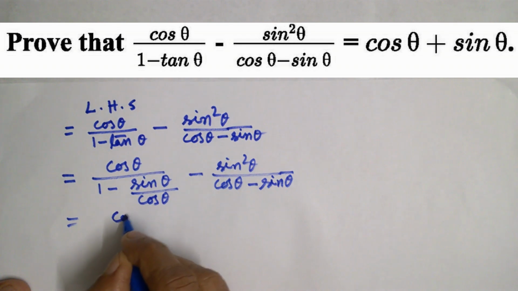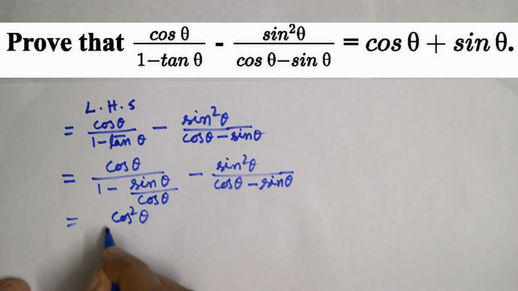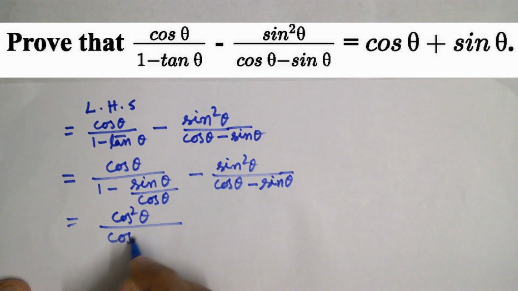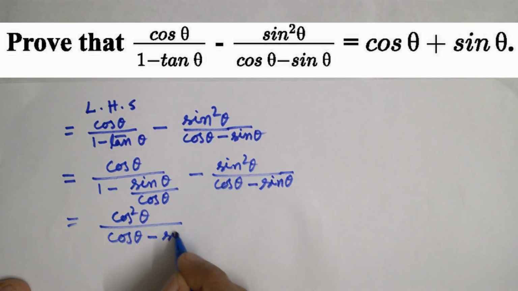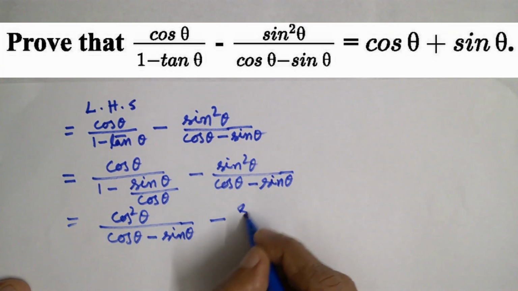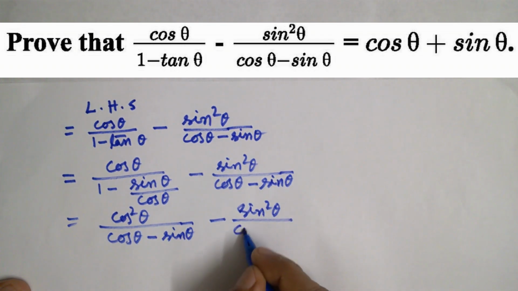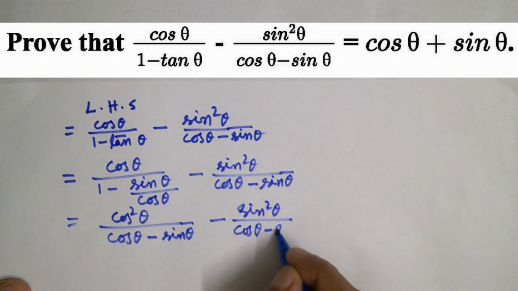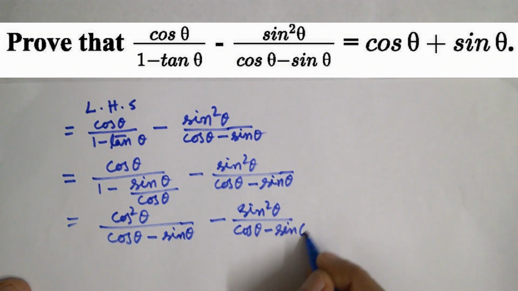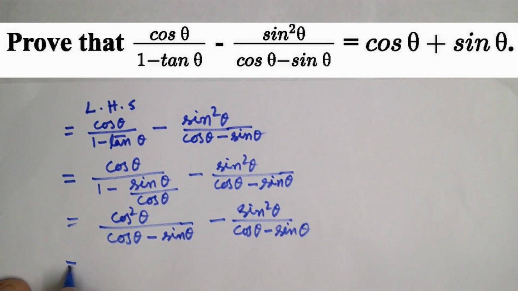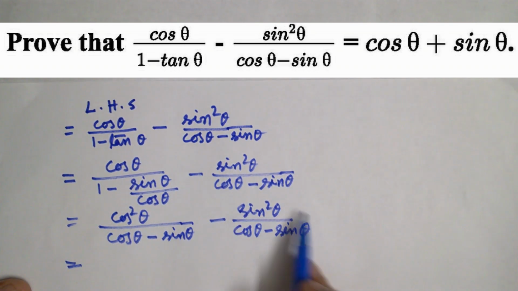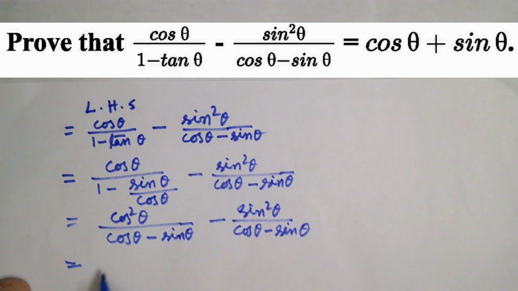So more simplification after minus sin square theta, that is equal to denominator same cos theta minus sin theta, also for this fraction cos theta minus sin theta. So simplify more.